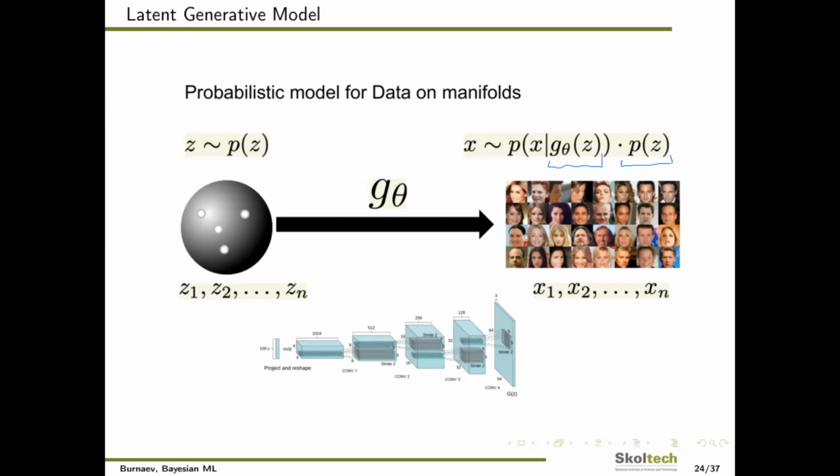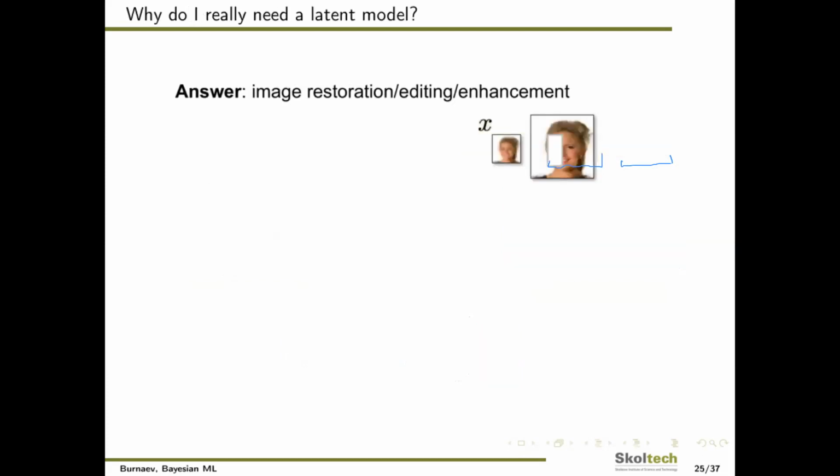That will lead to the distribution on X. So we can, for example, try to maximize the density to generate something and run this process many times to get many images. Also, we can try to solve other problems. For example, we can restore part of the object and fill this gap with something, like this. Yeah, not very good. I'm not a very good generator of faces, or at least something. We can also try to do super resolution from a small image.